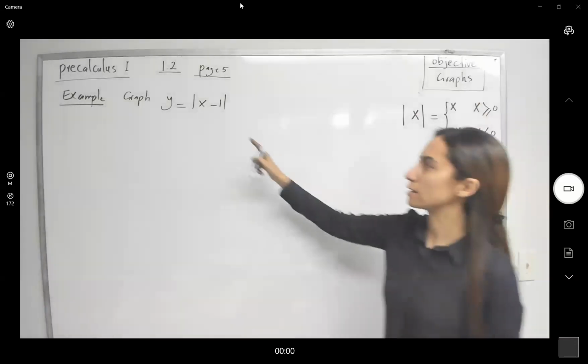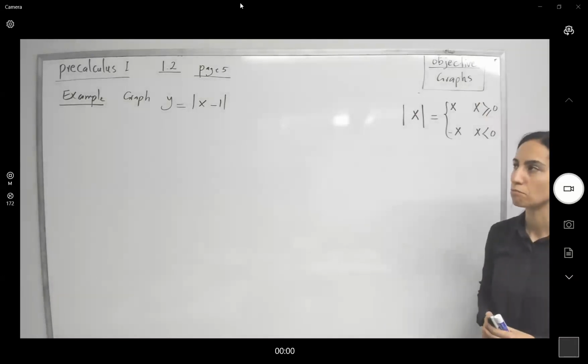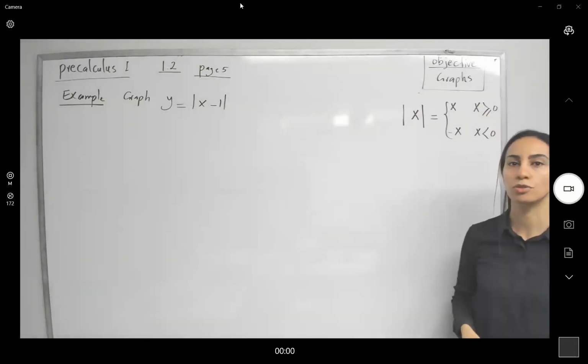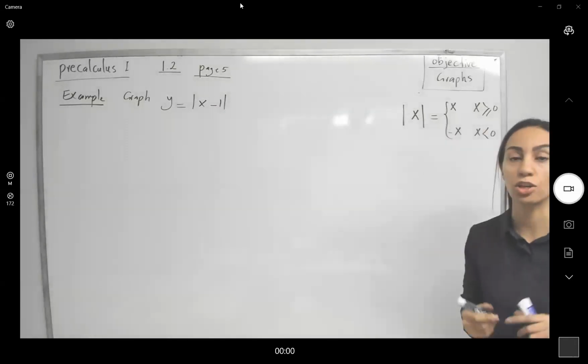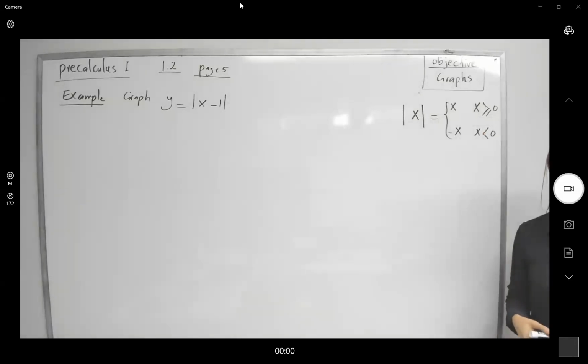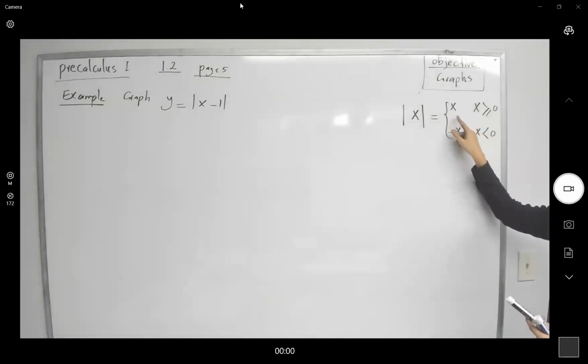Here you have x minus 1. How do I decide about the conditions? You're going to take this quantity based on the definition of absolute value. Remember that when you're talking about absolute value, if that quantity is larger than or equal to 0, you get that quantity back. If that quantity is less than 0, you get minus times that quantity.